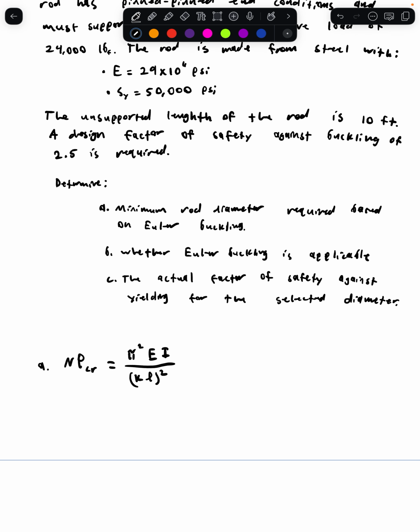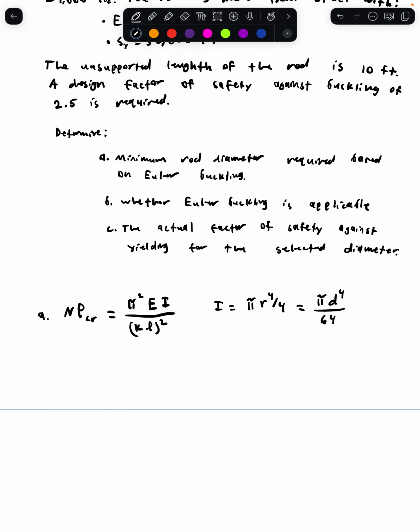Now we're going to solve for diameter, so I'm going to turn this I into diameter form. It's a round rod, so our area moment of inertia is pi times the radius to the fourth divided by 4. Another way to write that is pi times the diameter to the fourth over 64.